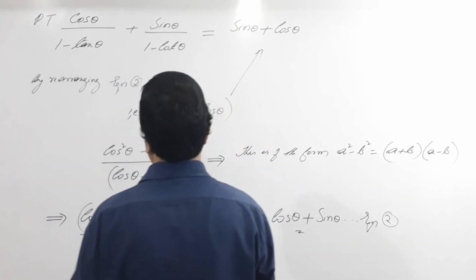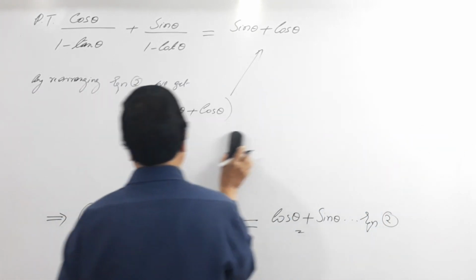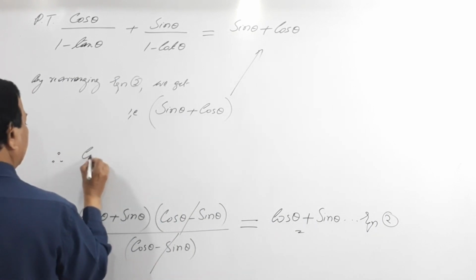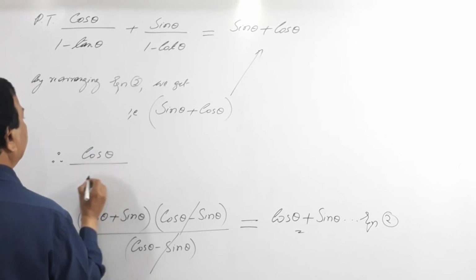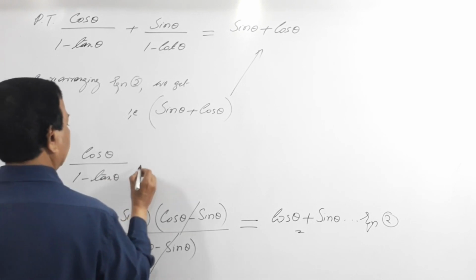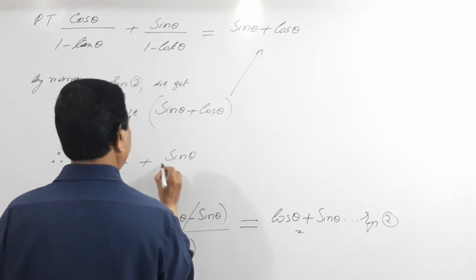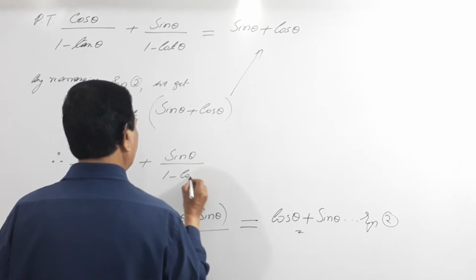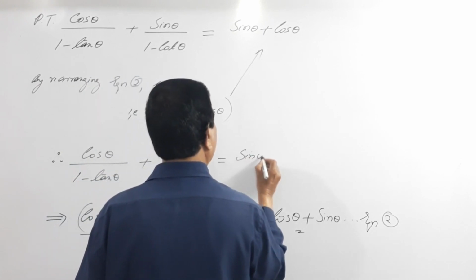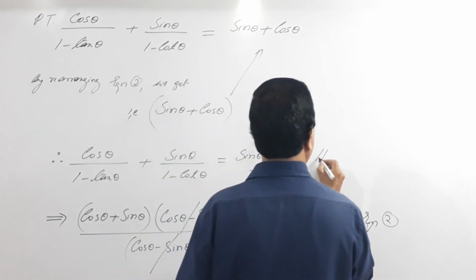Hence, therefore, I'll write this: cos theta by 1 minus tan theta plus sin theta by 1 minus cot theta equals sin theta plus cos theta. Hence, proved.